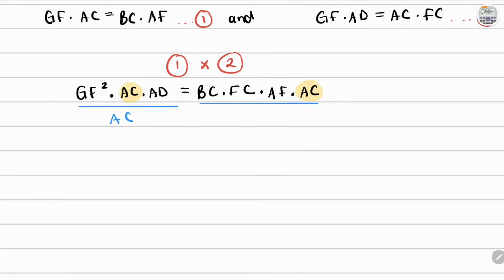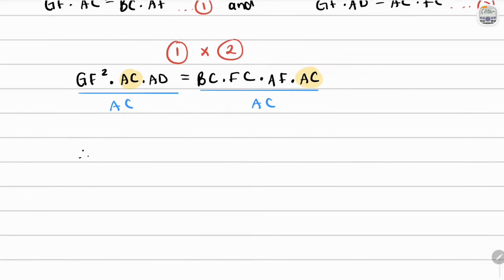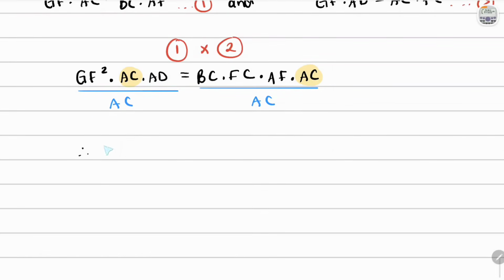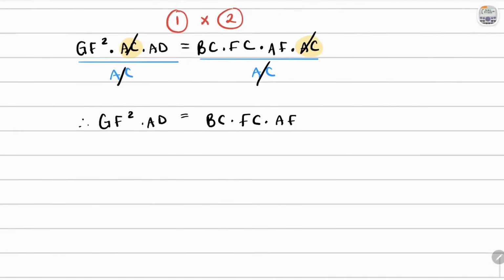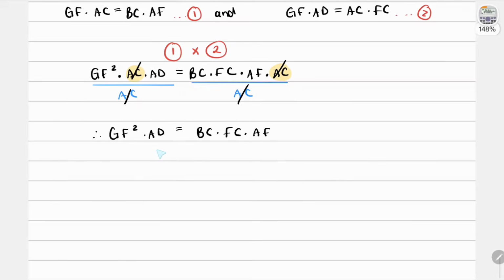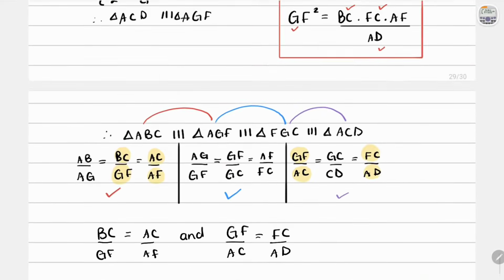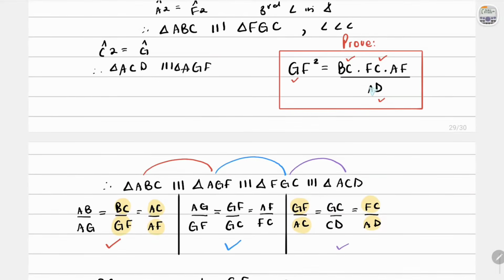If we divide both sides by AC, this is GF squared, and those cancel, and you have times AD is equal to BC times FC times AF. Do you see that in what we have to prove, the AD is on the denominator?